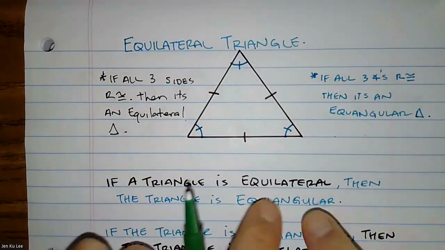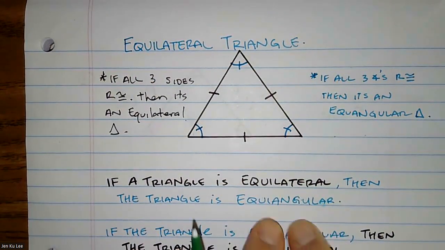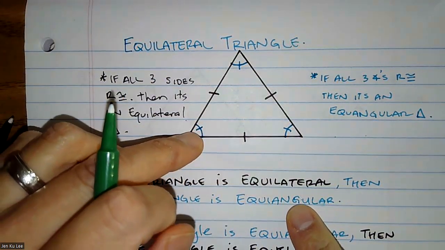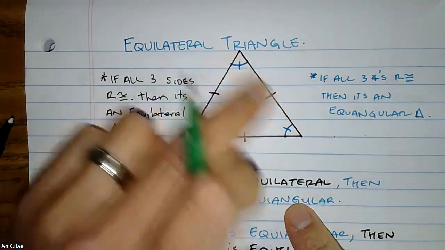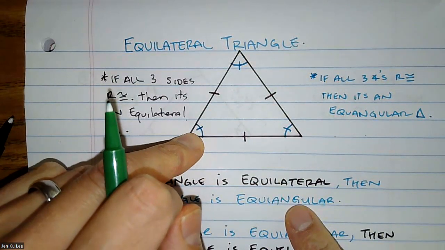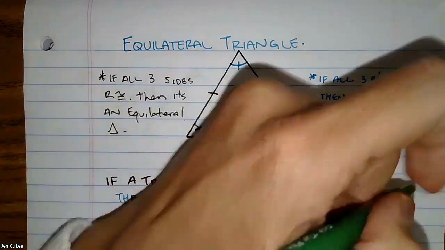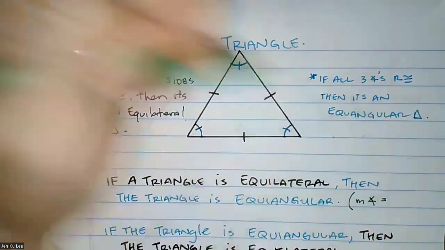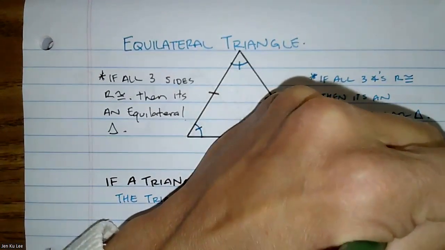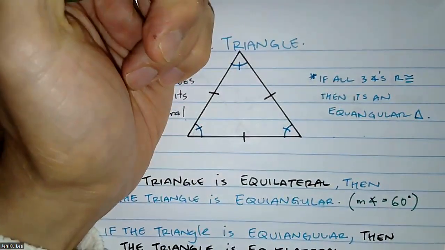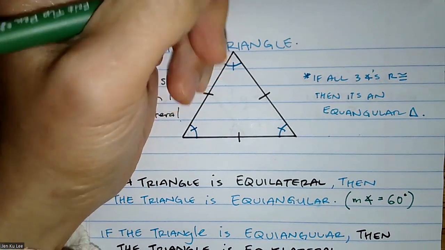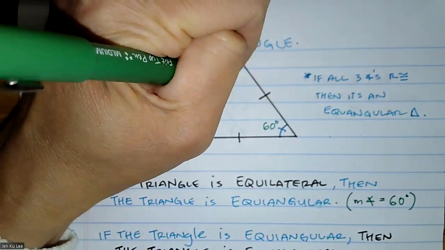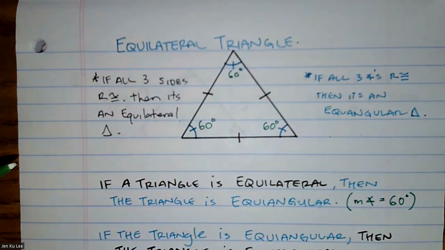The sum of the interior angles is equal to 180, so the measure of each angle is actually 180 divided by 3, which is 60 degrees. So that's 60, and this is also 60. All right?